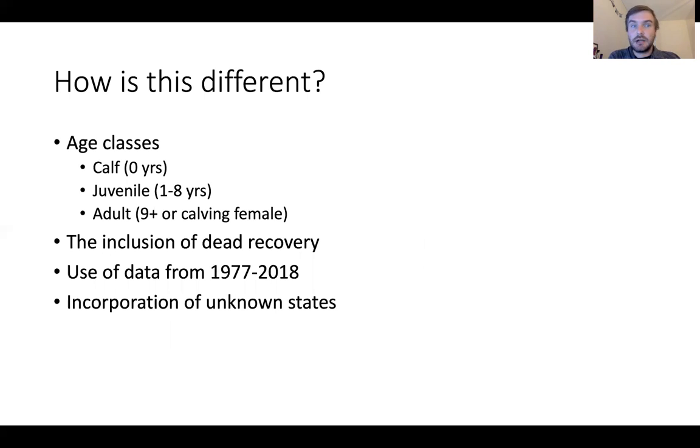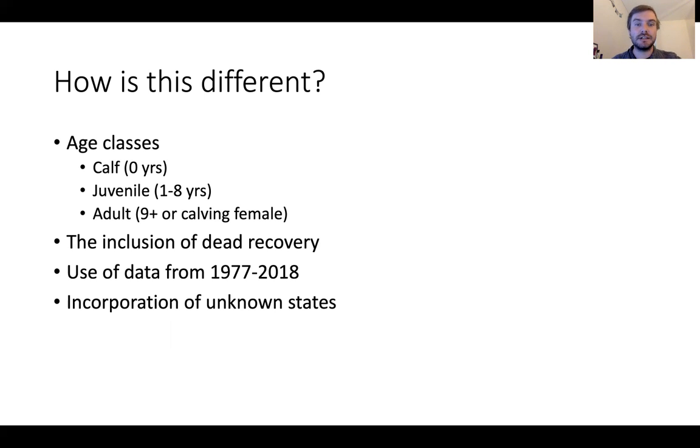So there are currently some mark recapture models out there for right whales. This one differs in a couple of ways. We're using the age classes as designed by the North Atlantic Right Whale Consortium. So we have calves in the first year of life, 0 years old, juveniles from 1 year old to 8 years old, and adults when they're 9 or older, or if they've calved in the previous year.